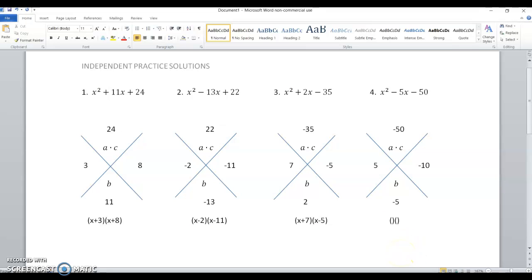So now we can write it in factored form: x plus 5, x minus 10. Check your answer: x squared minus 10x plus 5x. Well, negative 10x plus 5x is negative 5x. And then 5 times negative 10 is negative 50.